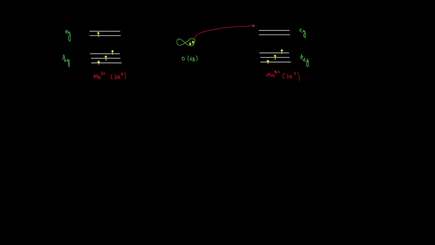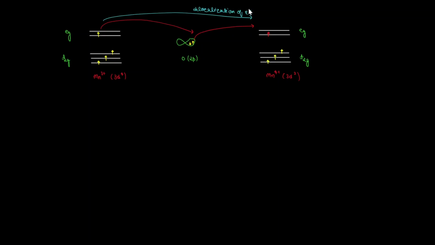Here, the spin up electron from this oxygen goes to the manganese 4+ ion, so it will go to this eg level with spin up, and the spin up electron from this manganese 3+ ion can go there to fill the vacant state. In this way, there is a smooth delocalization of electrons from manganese 3+ to manganese 4+. And as the delocalization of electrons helps in reducing the kinetic energy, this particular state will be favored.